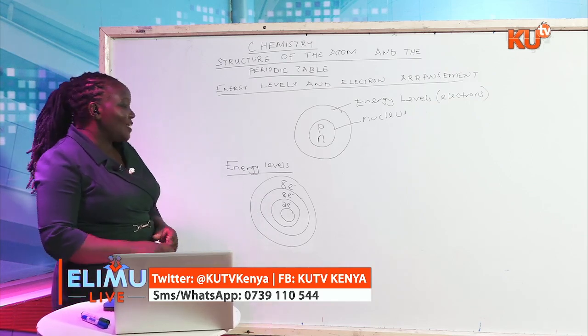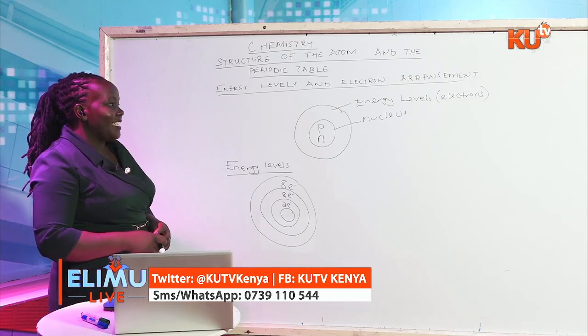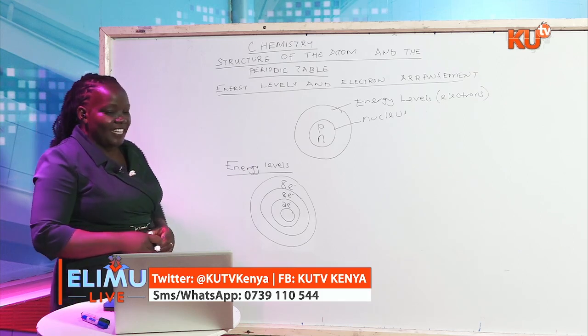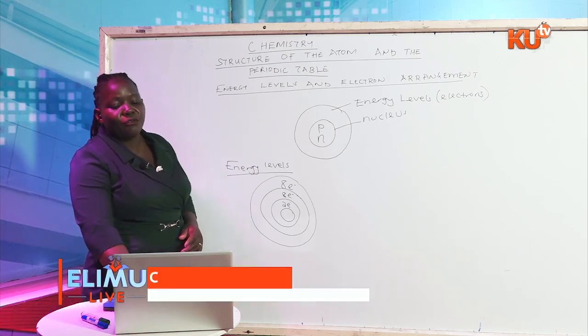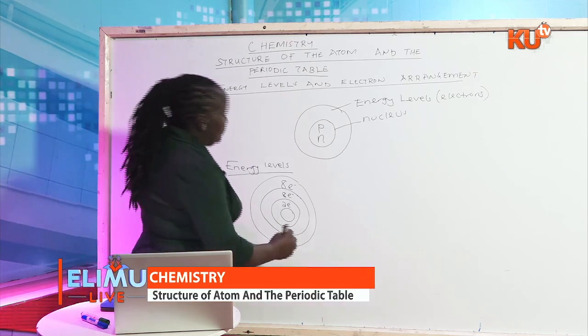So now, having looked at the energy levels, I want us to look at how we arrange the electrons in the energy levels. So I want us to look at electron configuration.